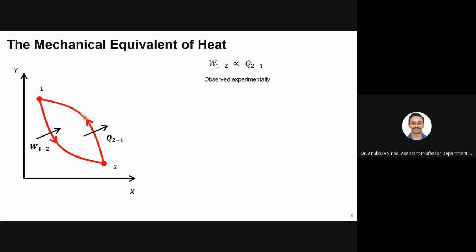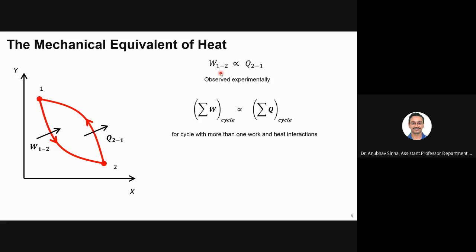If you remove more heat, you will go to some other state. If you remove less heat, you will go to some other state. So the exact amount of heat that has to be removed to reach back to state 1 is proportional to how much work has been done. This has been observed experimentally by Joule.